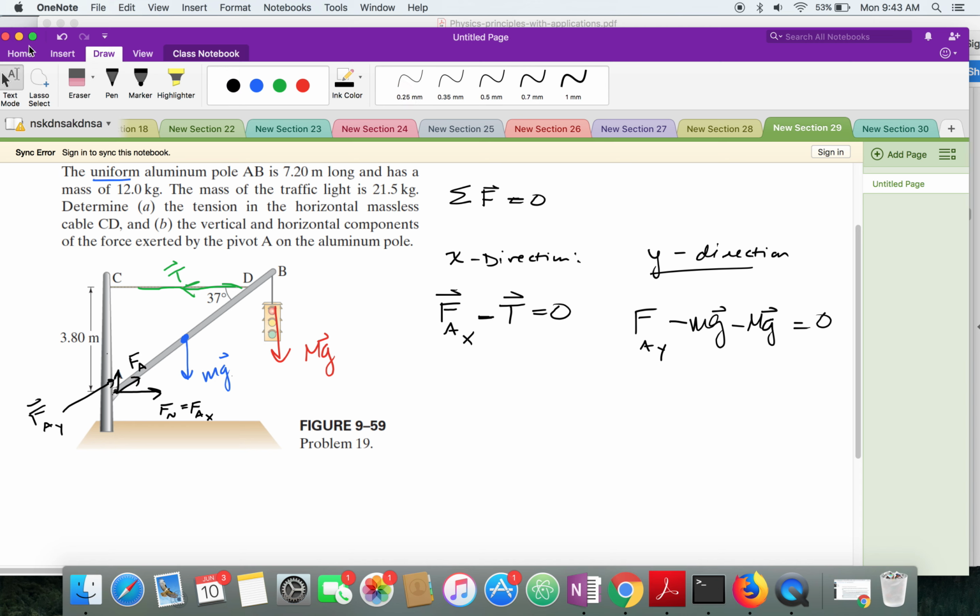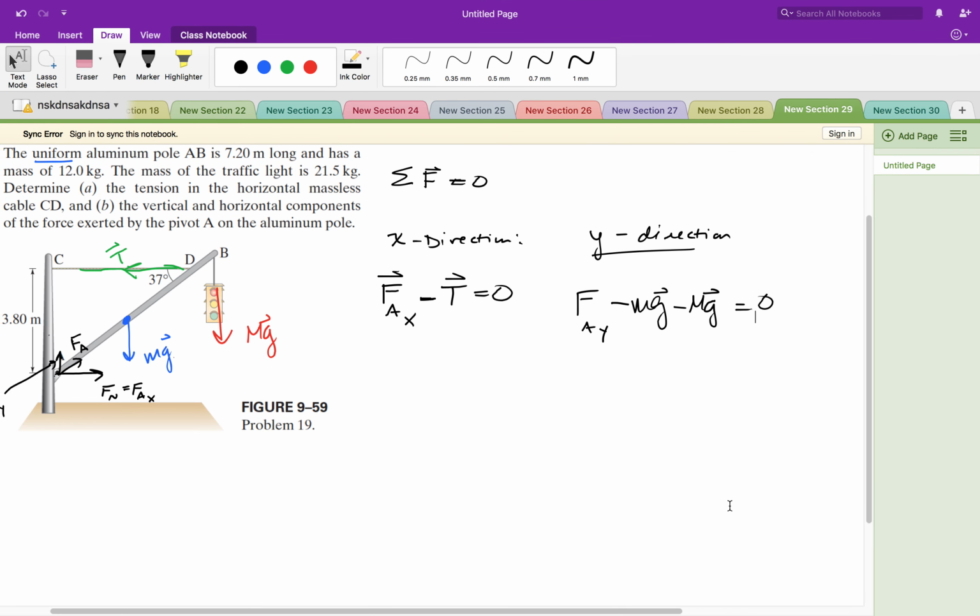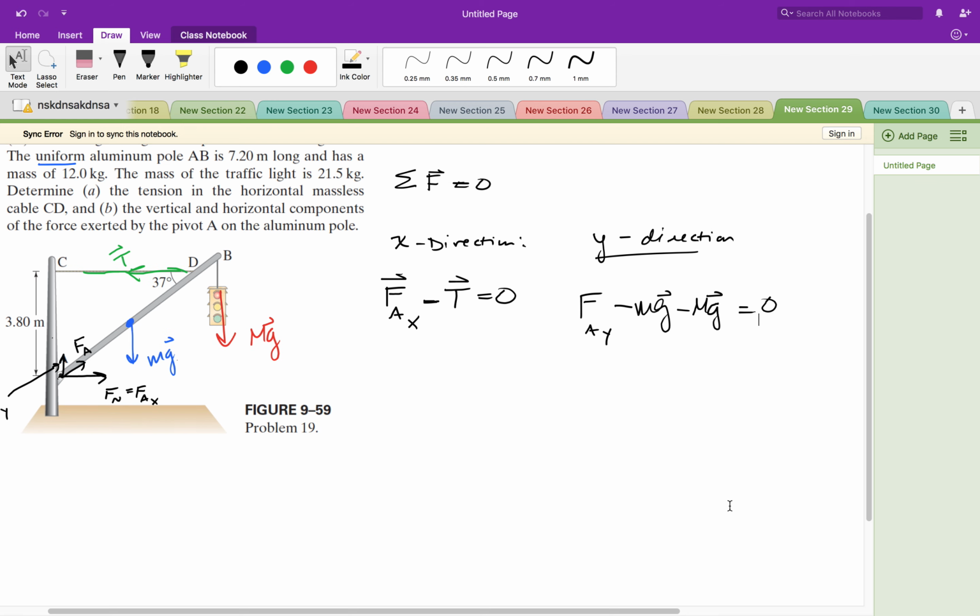Let me make this a little bigger. There we go. Okay. These are both unknown. I don't know that one either. I do know the two masses, right? So I can immediately solve for FAY. I can say that my FAY is going to be the sum of these weights.